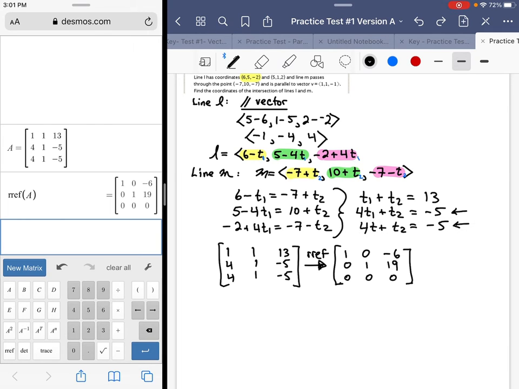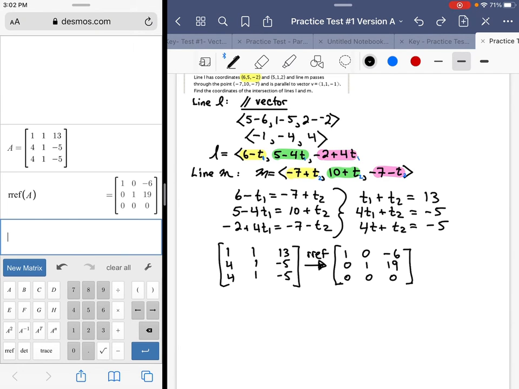Which is really, I think, evidence based off of what you see in the solution matrix, because that 0, 0, 0 indicates that you'd have a free variable if it was a third variable, but there is no third variable, so everything that we needed was taken care of in the first 2 rows. All right, so it's kind of consistent.